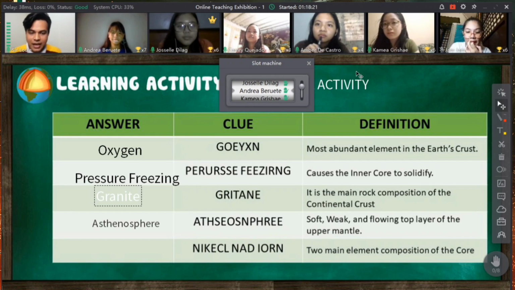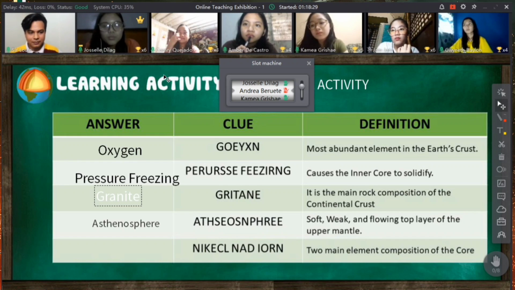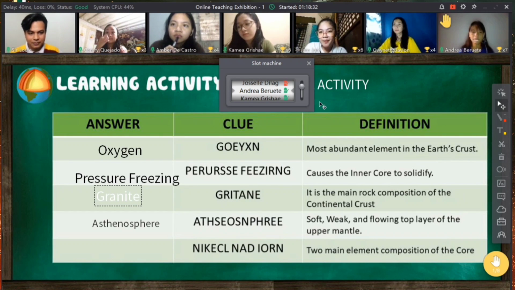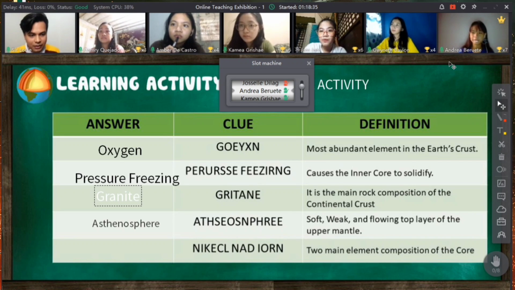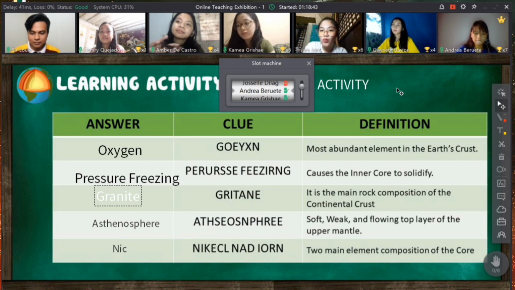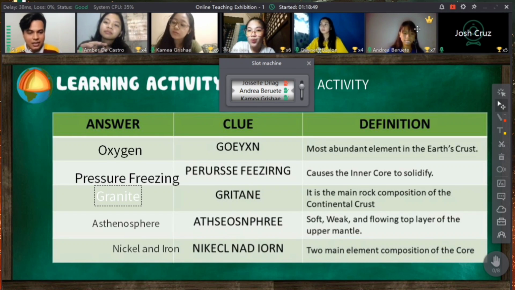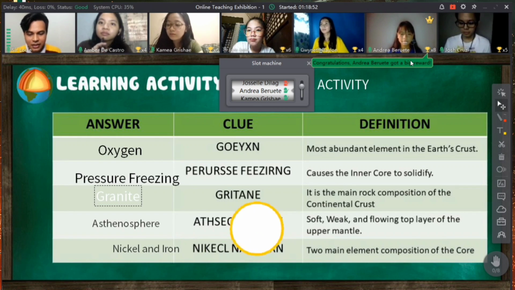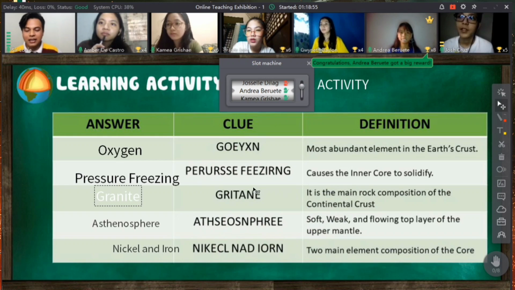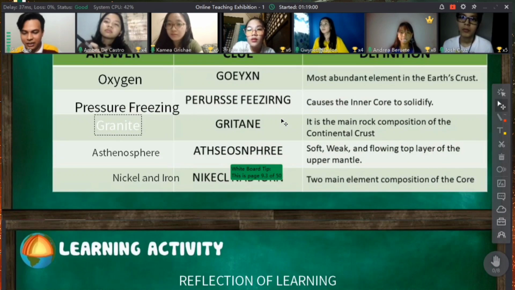Let us have Dea. Okay, that is correct. The correct answer is nickel and iron. So that is for our individual activity.